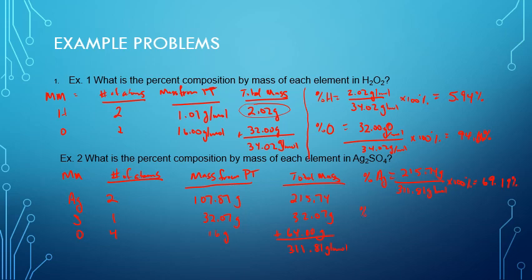For sulfur, I would take 32.07 for our grams of sulfur and divide that by the 311.81 for our grams per mole of the compound. Again, multiply by 100%.